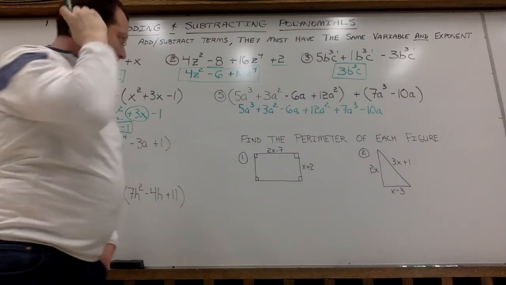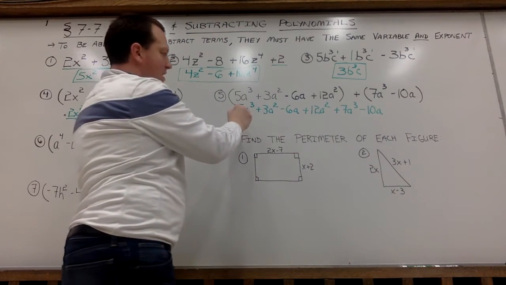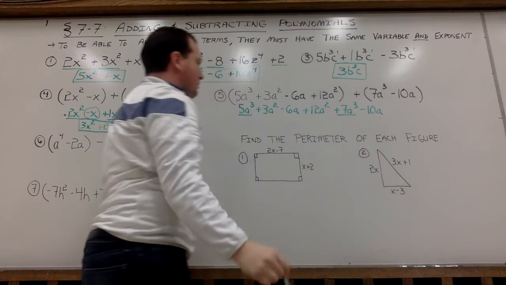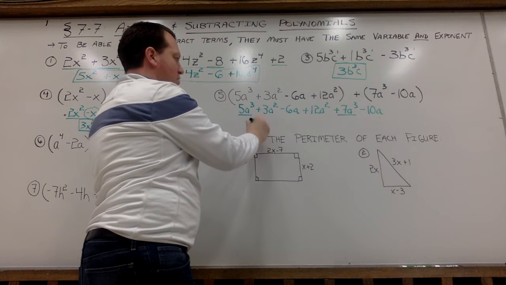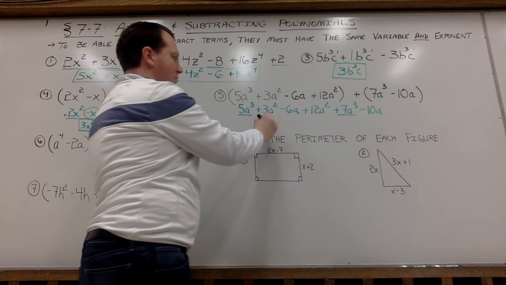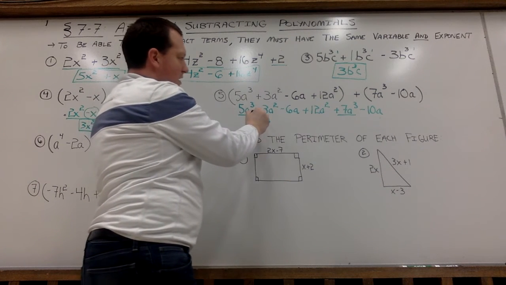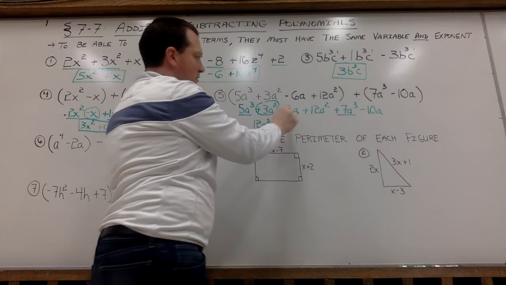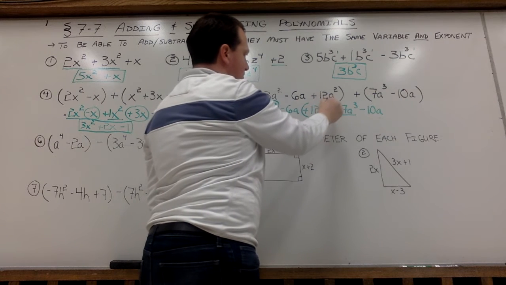All right, so like terms here, I have a 5a cubed, and then here's another a cubed. I've got 7, so 5 and 7 gives me 12a cubed. Moving down the line, I've got a squared. I've got positive 3 and positive 12.